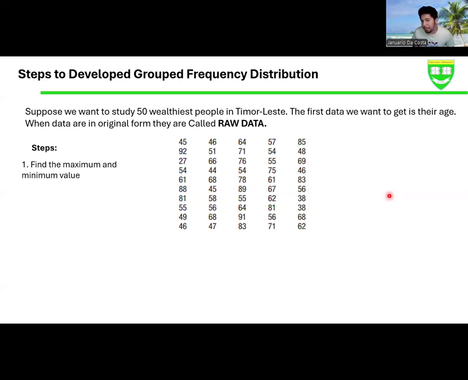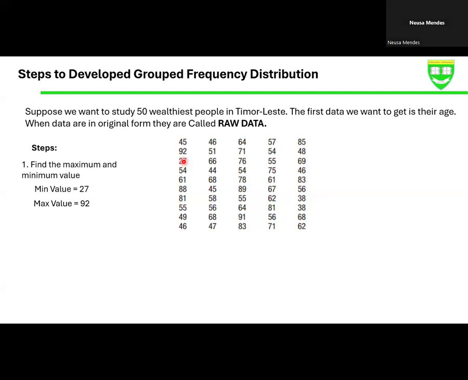My question, everybody look at this data: what is the minimum value of the raw data? 27. Not 45, 27 here. What is the maximum value? 92. So the minimum value is 27 and the maximum value is 92. That's the first step.